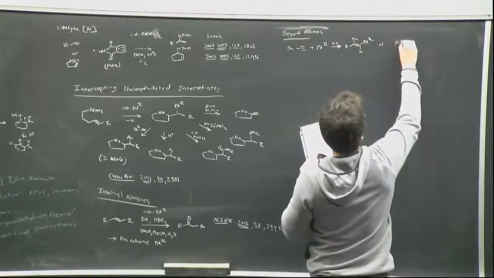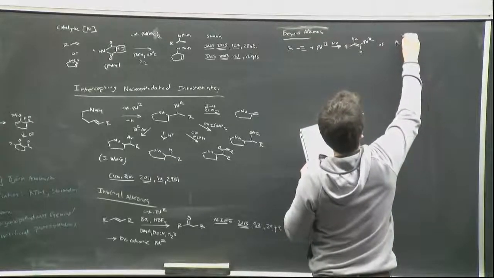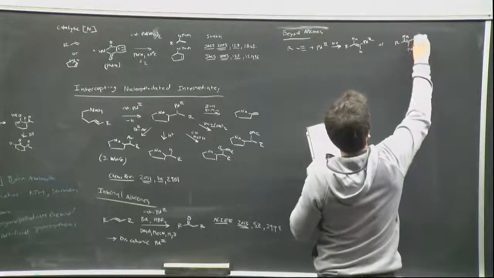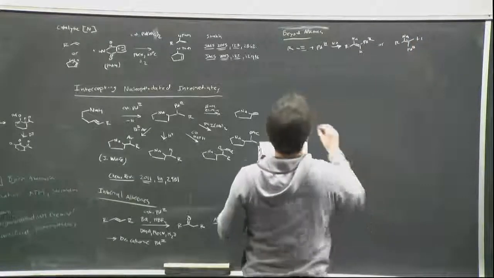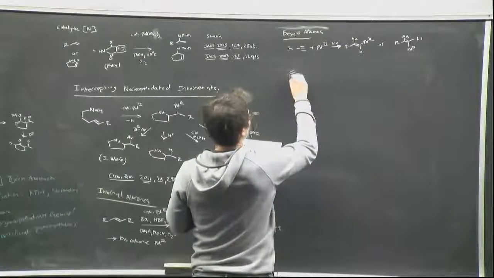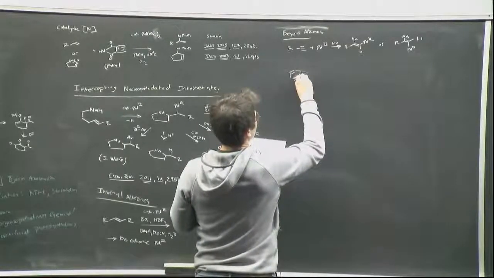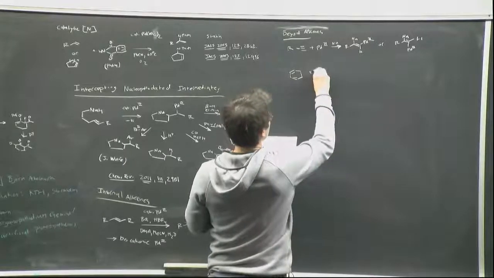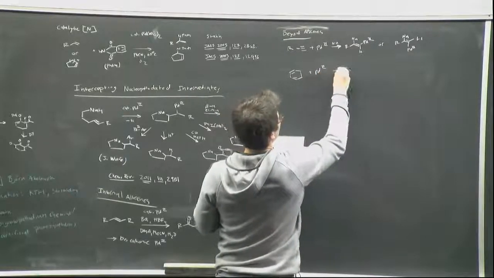These can take place with either syn or anti-selectivity. With dienes, and this will set up the next problem of the day. So if you want to look ahead to that, feel free.